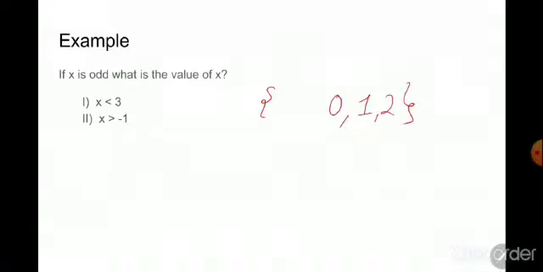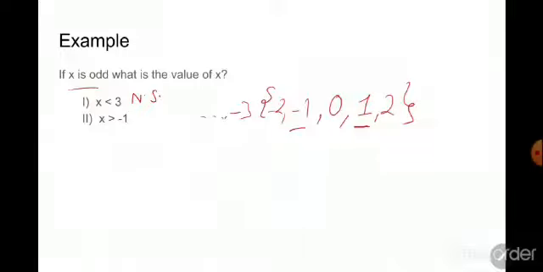They will look at this set, and since the question says x is odd, the only possible number is 1, therefore 1 alone is sufficient. However, that is incorrect because we need to consider the negative numbers as well. Now we see that the possible options are 1, -1, -3, and so on. Therefore statement 1 alone is not sufficient.